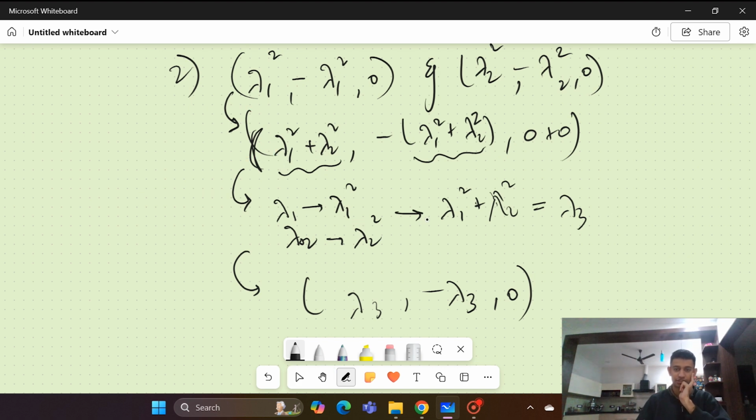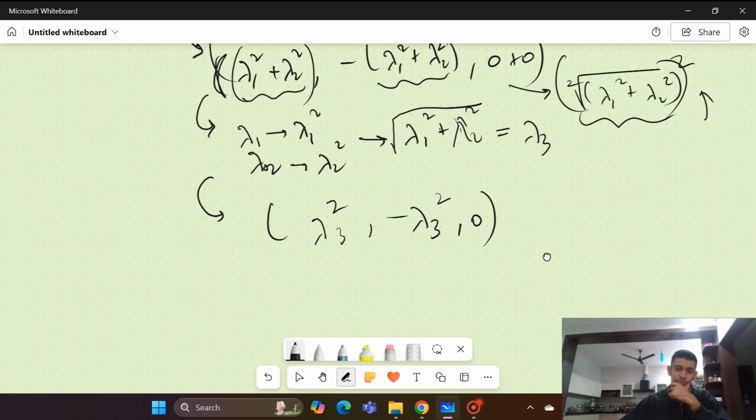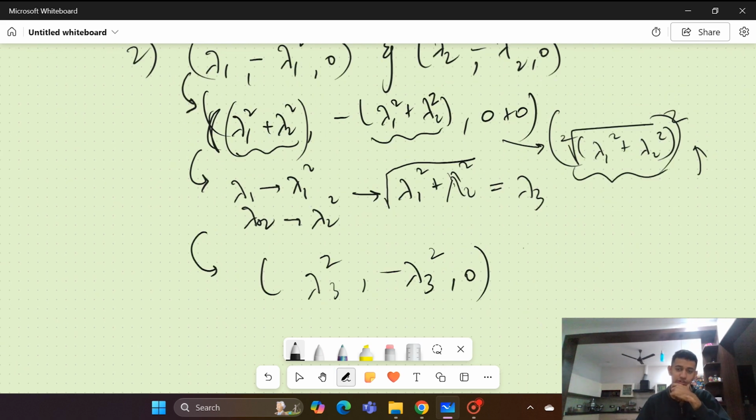Okay, so instead, let's assume this to be root, so that this is squared as well. So you can rewrite this as lambda 1 square plus lambda 2 square root, and then the whole thing squared. I know it's an indirect way of doing things, but if you assume this, you can show that it is being squared. So that would show that this is lambda 3 squared, lambda 3 squared. They're quite simple. And this is again an element of R cube.